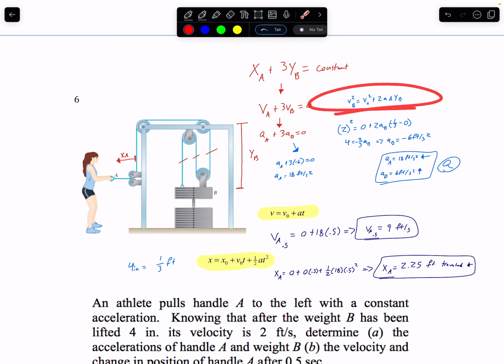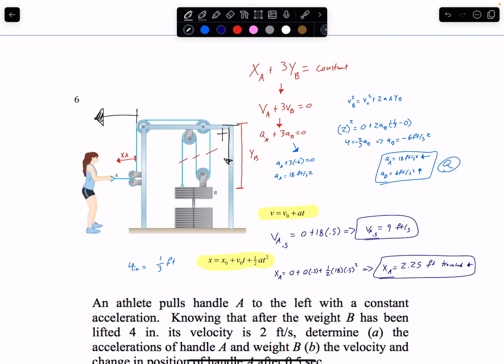But this equation finds the acceleration of B, and it's just plug and chug. The acceleration of B is equal to negative 6 feet per second. It's important to note that this way is positive and that way is positive as well, so that means the rope's going that way.